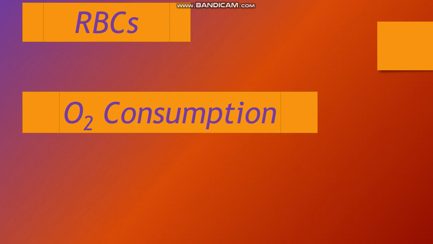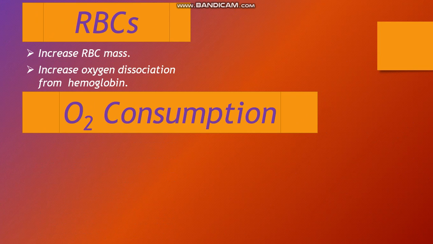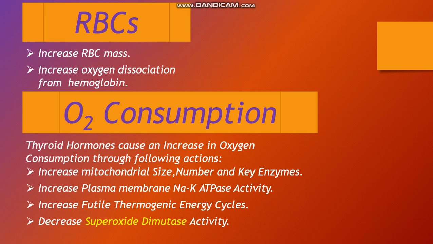RBCs, oxygen consumption. Increased RBC mass, increased oxygen dissociation from hemoglobin. Thyroid hormones cause an increase in the oxygen consumption through the following actions: increased mitochondrial size, number and key enzymes, increased plasma membrane sodium potassium ATPase activity, increased futile thermogenic energy cycles, decreased superoxide dismutase activity.